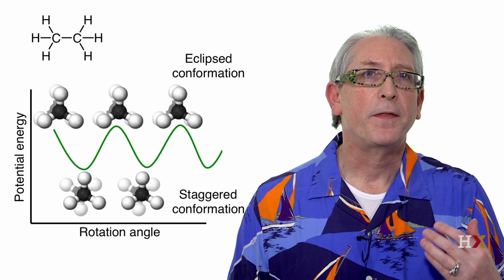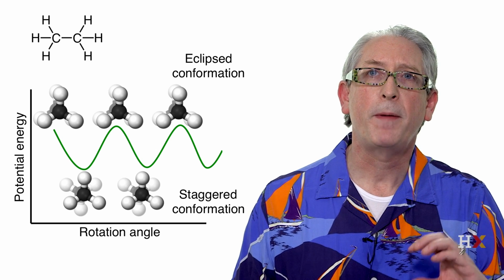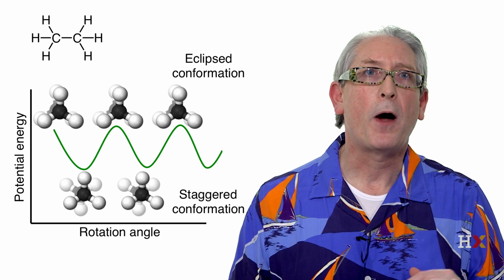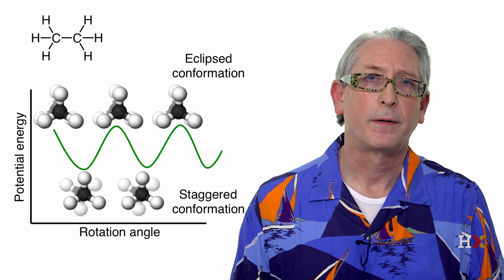Take this molecule of ethane, for example, and consider two of its conformations shown on the graph. These conformations result from a rotation of a methyl group, CH3, about the carbon-carbon bond located in the center of the molecule.